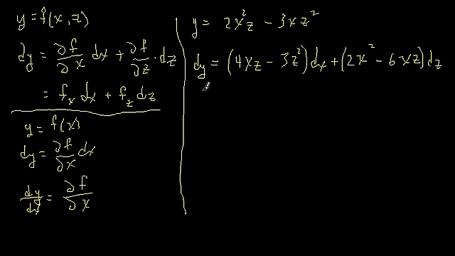Using the total differential is also a very convenient way to differentiate what are called implicit functions, functions that might be written this way: 0 equals f of x and z.